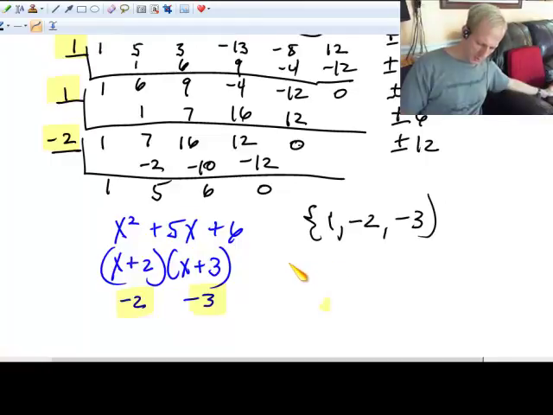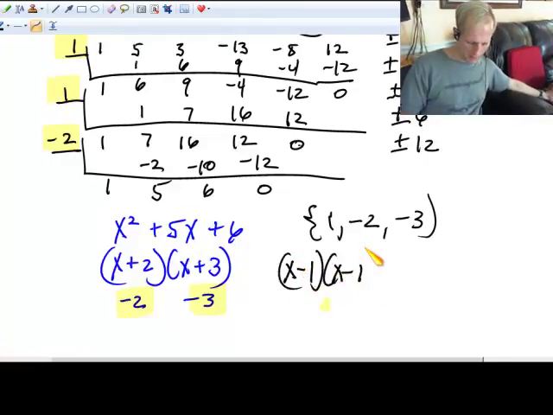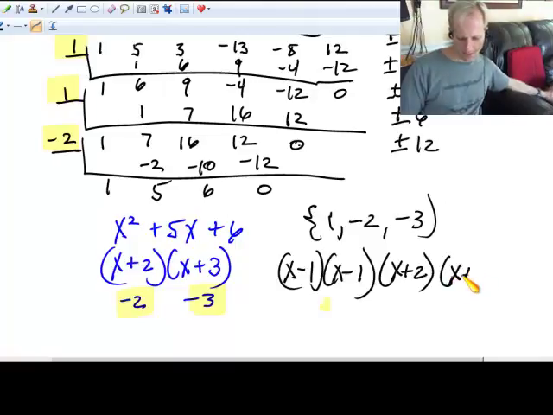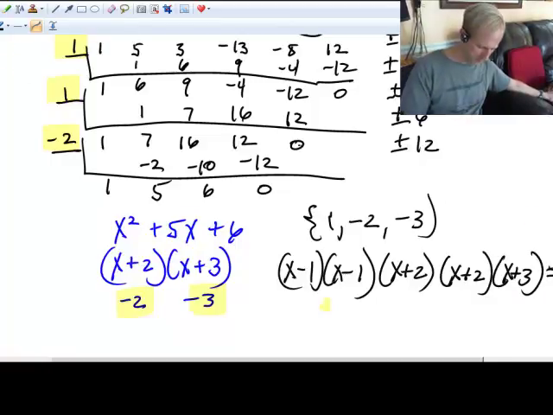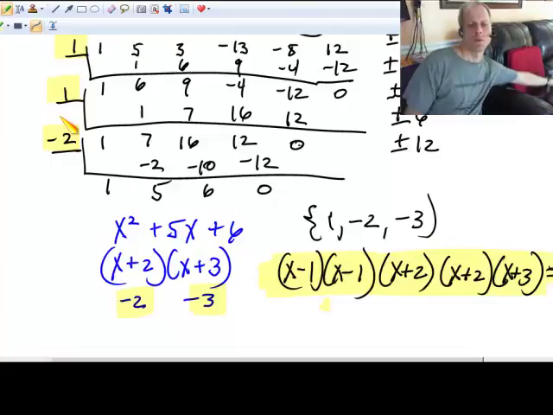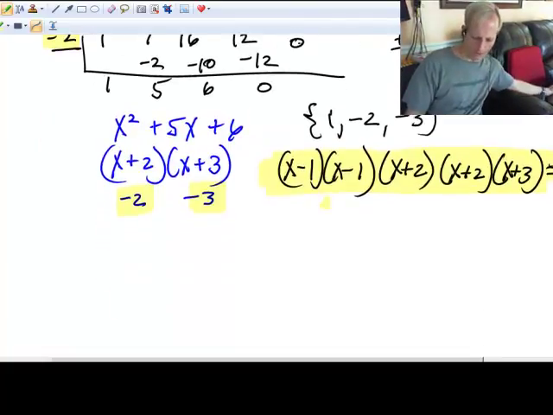It would be x minus 1 times x minus 1 times x plus 2 times x plus 2 times x plus 3 equals 0. And that would be it. Because remember, I reverse the signs when I go from the solution, the number you use in synthetic division, to the actual factored form of the equation.